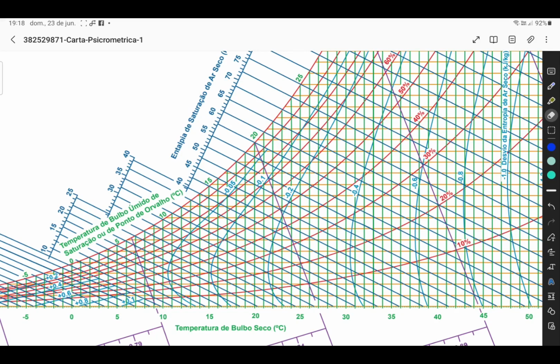Here we have humidity curves. So if I take a temperature here of 20 degrees, if the wet bulb temperature is also 20 degrees, it means that my humidity is at 100%.